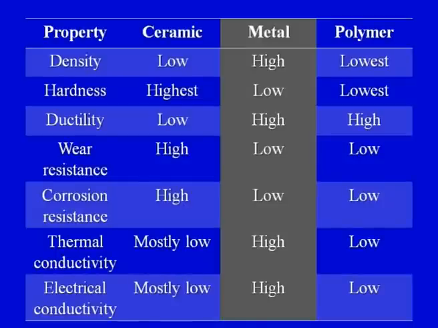Ductility, which is another important property, is low for ceramics and it is high for metals. So plastic deformation or bending or any other process to give a shape to the metal is easier in case of metals, but in case of ceramics it is difficult because they do not have the property of ductility.